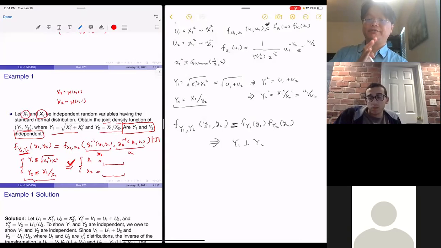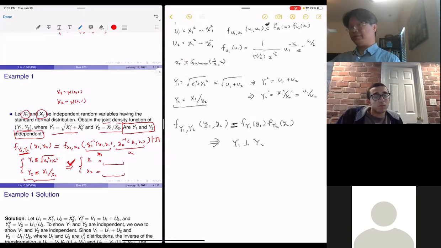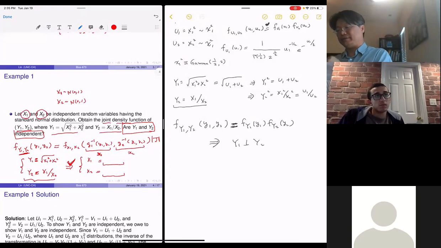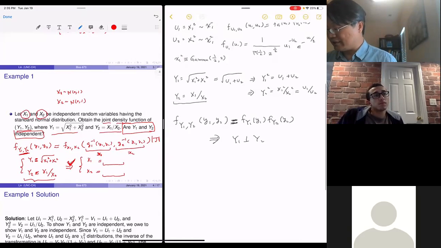That's possibly the first step you would think of when solving problems in the qualifying exam or master's exam. If you are trying to show two random variables independent, you possibly will show this first. The tricky part is the transformation is complicated for Y1 and Y2.